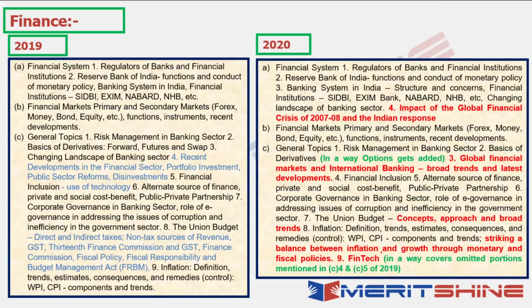So if you look at it, the clear cut major change has been the global perspective, understanding the global perspective. The other changes are cosmetic changes, changes in name. Those concepts you were anyways doing earlier, okay, right? But these are things that you need to focus more on when it comes to finance.